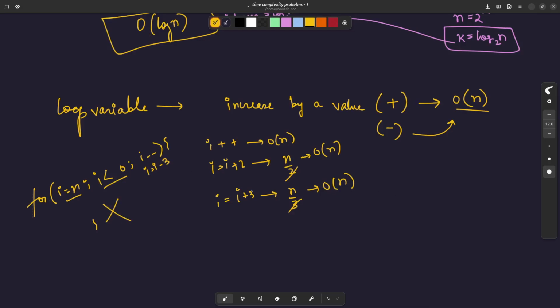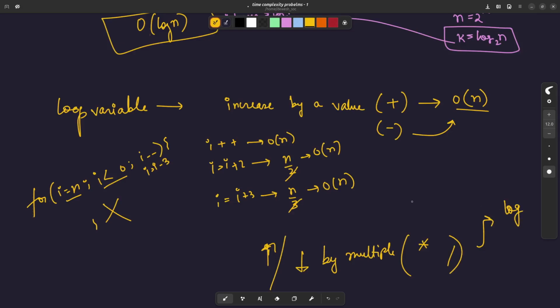But what I'm trying to say is, increasing or decreasing by some constant value using plus or minus always ends up as O(n). If it is increasing or decreasing by some multiple, basically you are doing multiplication or division, then it will be in some log. Okay, now what is the log?